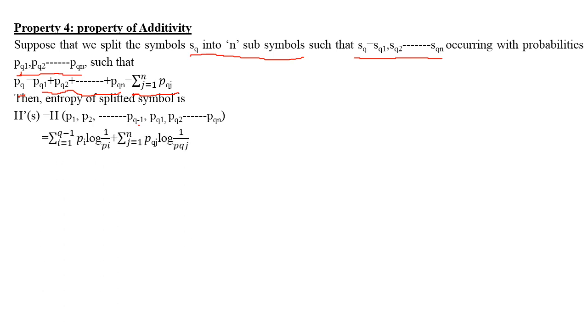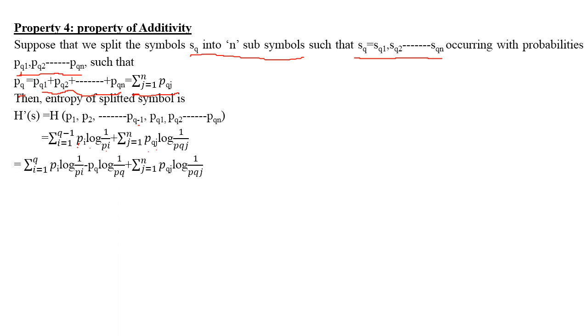So we can write this entropy value as summation i is equal to 1 to q minus 1 of pi log 1 by pi plus summation j is equal to 1 to n of the split symbol probabilities, that is pqj log 1 by pqj.